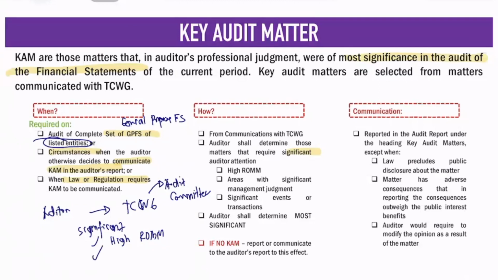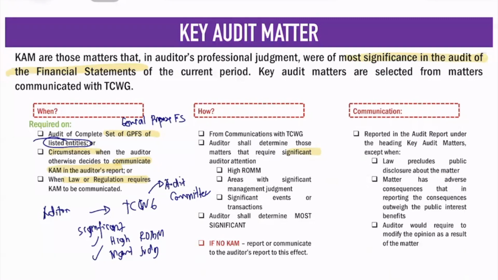Next, if ever it is based on purely management judgment, then it can be considered significant, such as your credit loss. Next, if the event is considered significant or the transaction is considered significant, then we can consider it is a significant item which was communicated to those charged with governance.